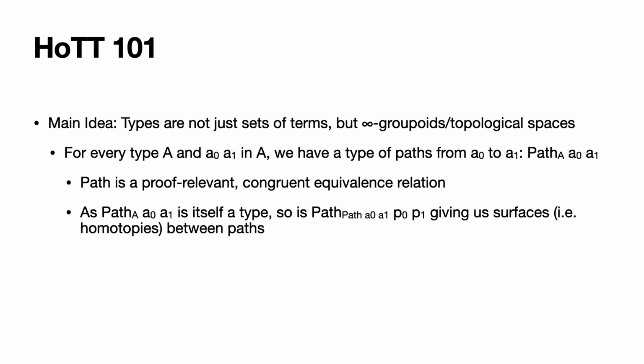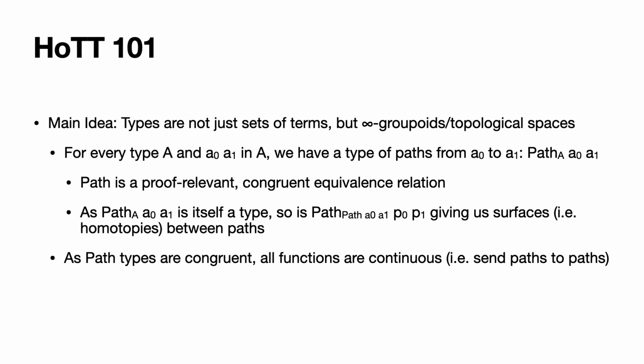And also notice, as the path type is a type itself, for every two paths, P0 and P1 in the same path type, we also have a type of paths from P0 to P1, which allows us to represent surfaces. And by continuing this pattern, we can also talk about volumes and higher dimensional volumes.